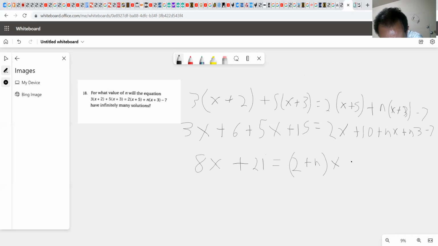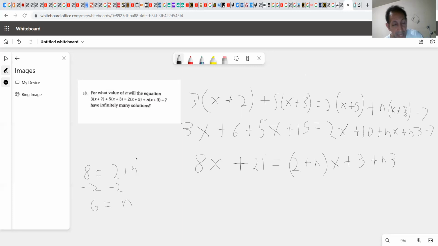Well, 10 minus 7 is 3, so I get 3 plus 3n. This should match up with the 21. But let's just do the x part first. So 8 should be equal to 2 plus n. If we solve that, minus 2, you get 6.